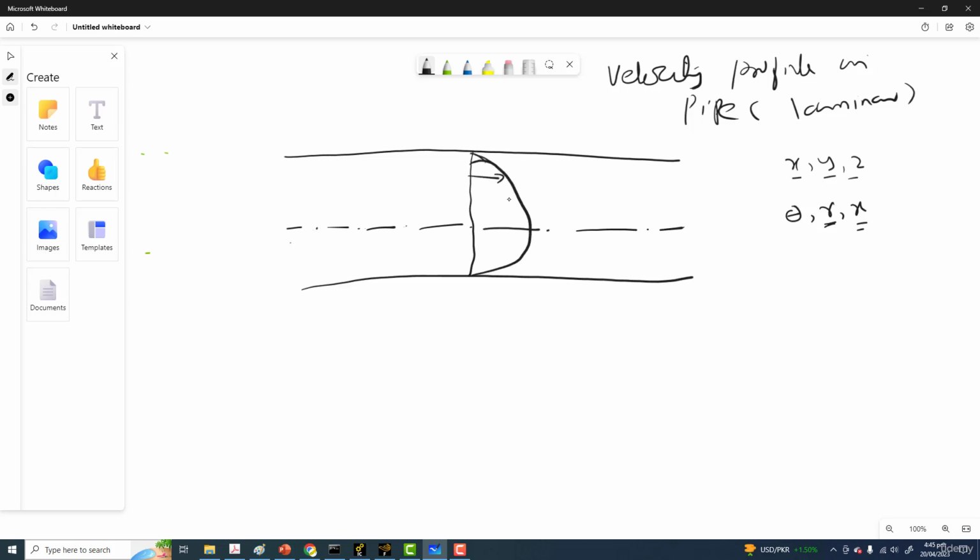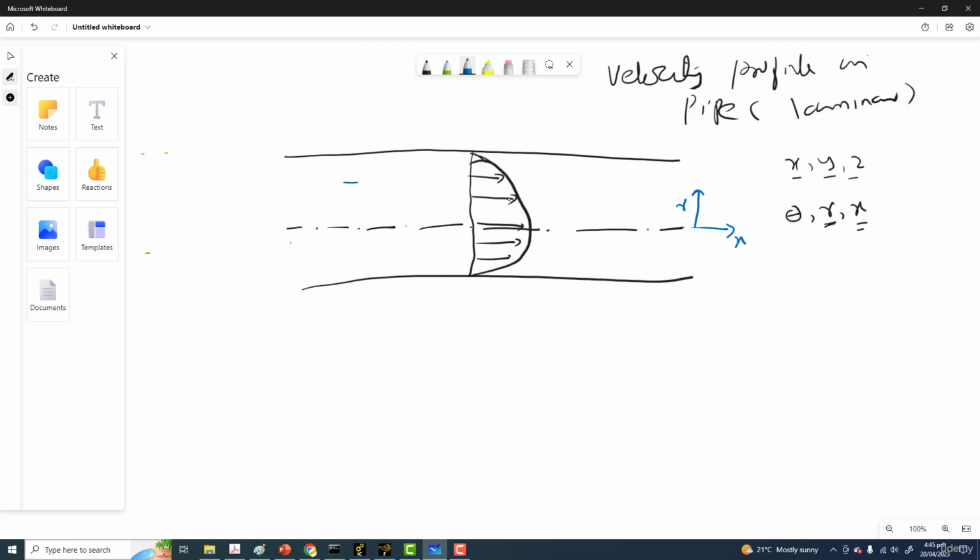This is a very rough figure I have drawn here. The actual figure is symmetric around the axis. The axis is also drawn a little bit on the lower side. So anyhow, here we are going to place the axial coordinate x and the radial coordinate r.